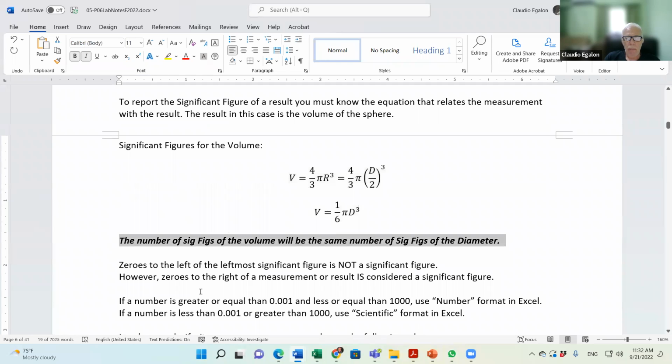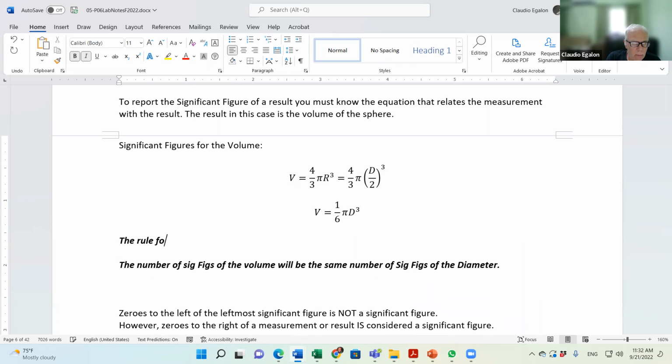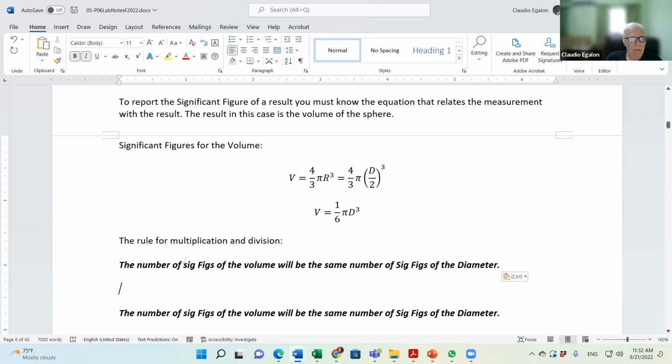The rule that's adopted out there for multiplication and division applies to the number of significant figures of a given result. I wrote it specifically for the volume, but I'm going to write it for the most generic type of result.